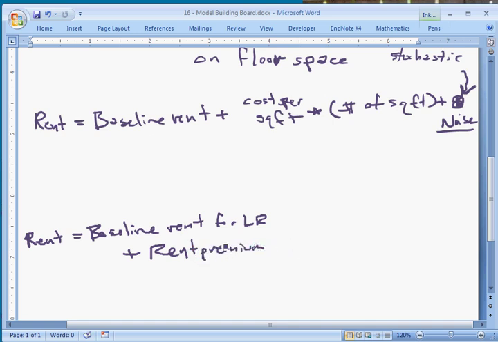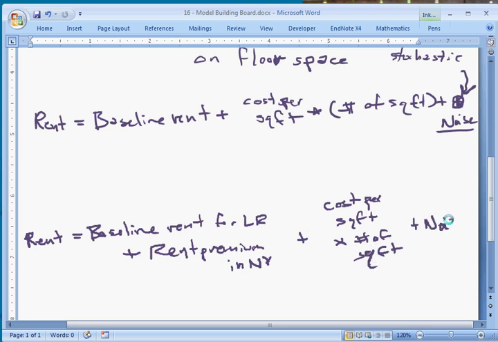I'm assuming it's positive because I know that rents in New York are higher. Plus, once that rent premium is covered, that's like a fee to get into the city of New York to get a place there, right? Like a finder's fee or something. Plus the cost per square foot times the number of square feet, plus noise.